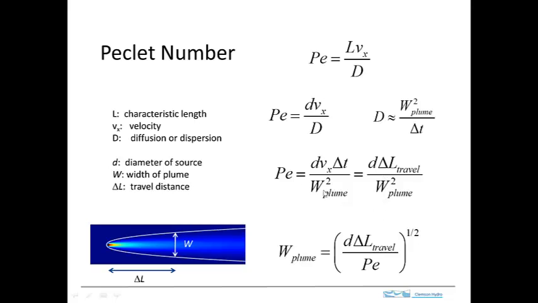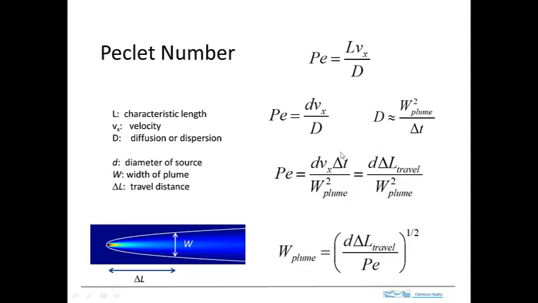And so this is another way to define the Peclet number: the diameter of the source, the distance downstream, and the width of the plume. So this is kind of cool because now we're seeing that the Peclet number is defining the geometry of the plume, how wide it has spread in a certain distance.